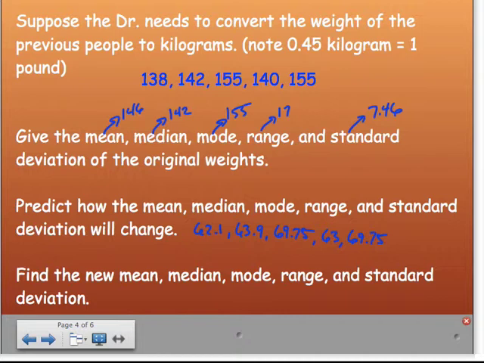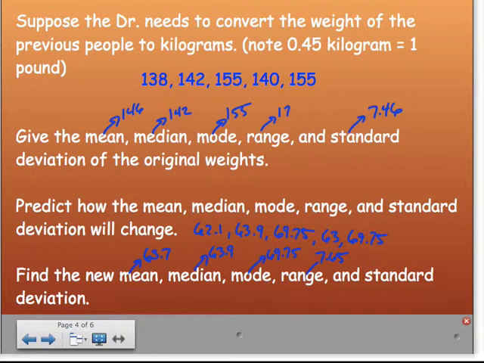I believe when I do this, I get a mean of 65.7. I get a median of 63.9. I get a mode of 69.75. I get a range of 7.65. And I get a standard deviation of, actually I'm going to type that in right now just to make sure I get it right. 62.1, 63.9.